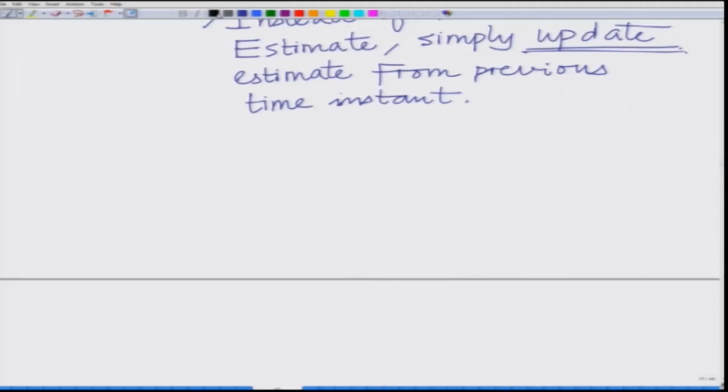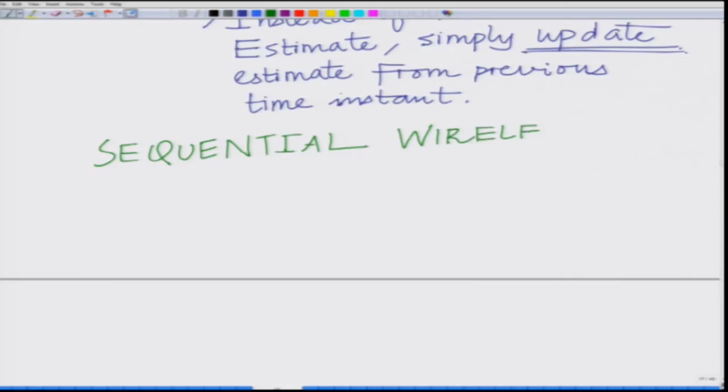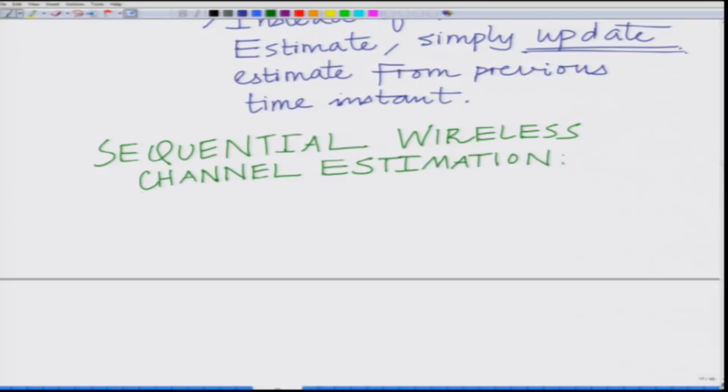So, let us illustrate sequential wireless channel estimation.